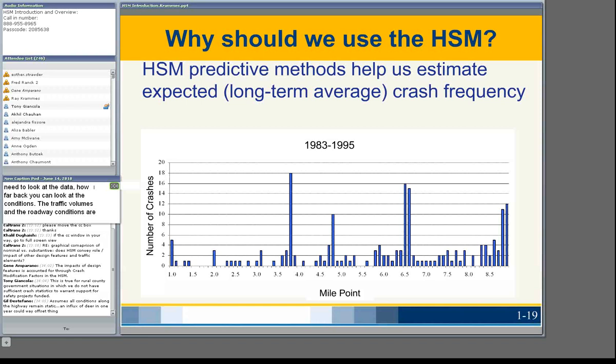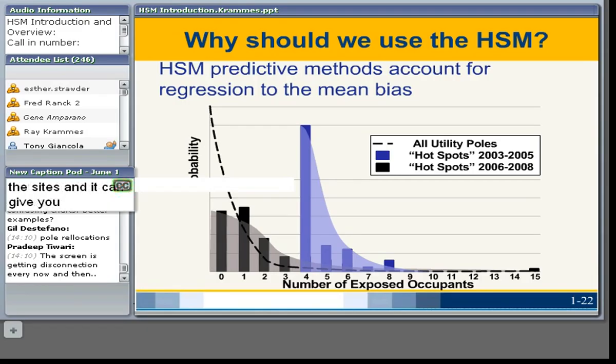And what this does is bias our estimates of expected crash frequency and lead to suboptimal decisions. For example, it can lead us to select locations for safety investment, and lead us to overestimate or underestimate the benefit of investments at locations, so that short duration crash counts may lead us either to treat or to not treat.